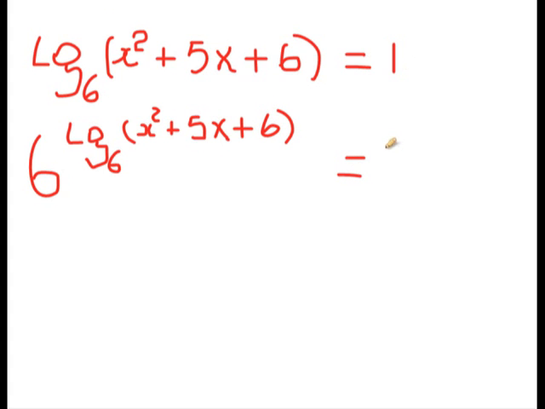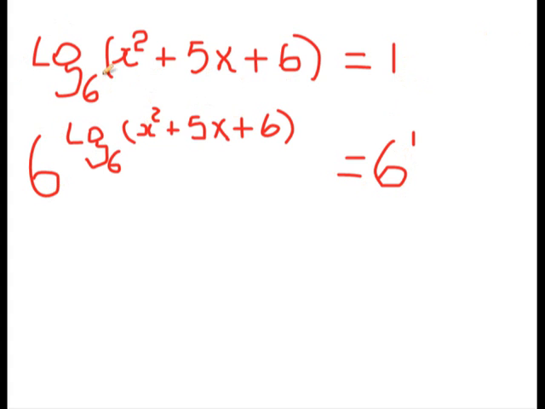I'm gonna have this like 6 to the power of 1. You see? So what I do, the two sides, I use the two sides like an exponent to the power of 6. So 6 to the power of this side, 6 to the power of this side.